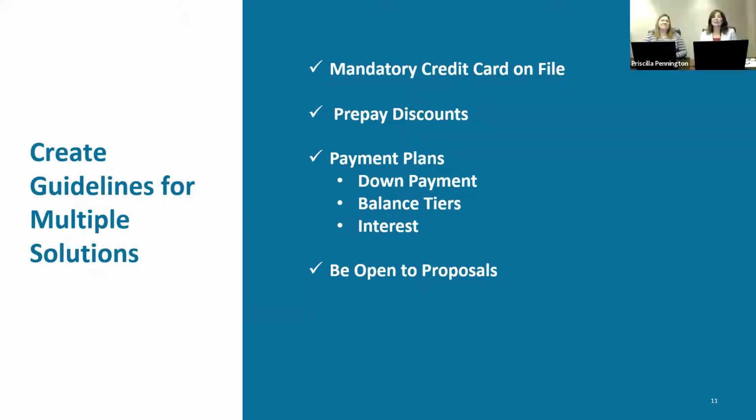So let's talk about those options that are often successful and will help with your collections, and in which you would also use the risk score. One of the things you can do, without the risk score, is to have a credit card on file.